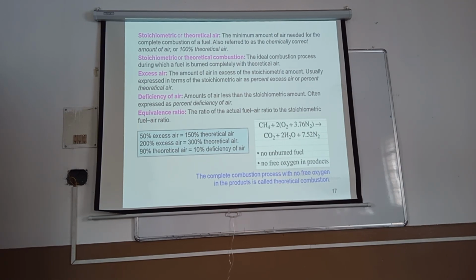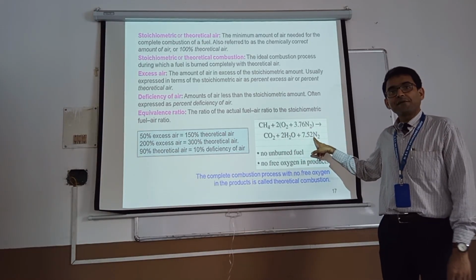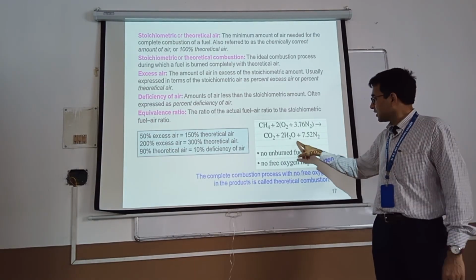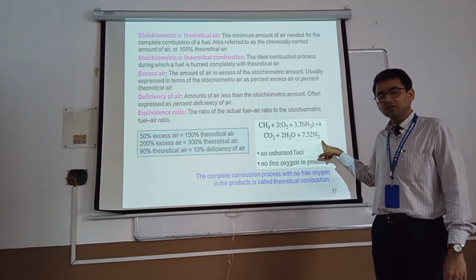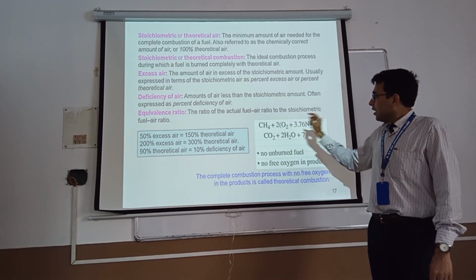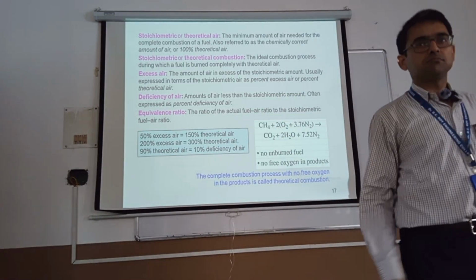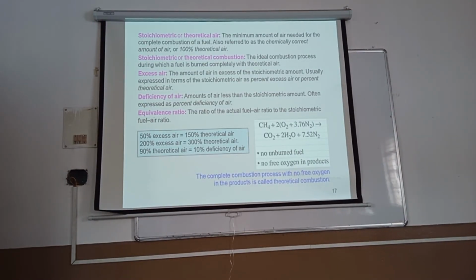So when I told that it is theoretical, it means minimum. So there is no excess air, no excess oxygen, and there is no unknown fluid. Now I change that from 2 to 2.2.